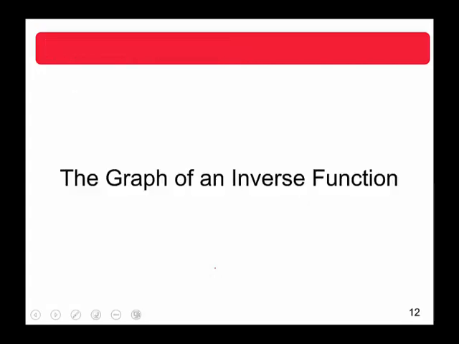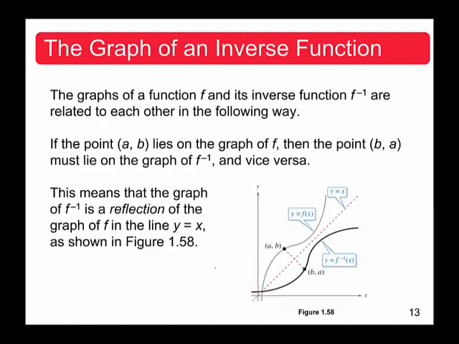Now, if you look at the graph of inverse functions, it will be symmetrical with respect to the identity function. So look at this. If this is the original function f of x, then the inverse function is f inverse of x. They form a mirror image based on the identity function y equals x.